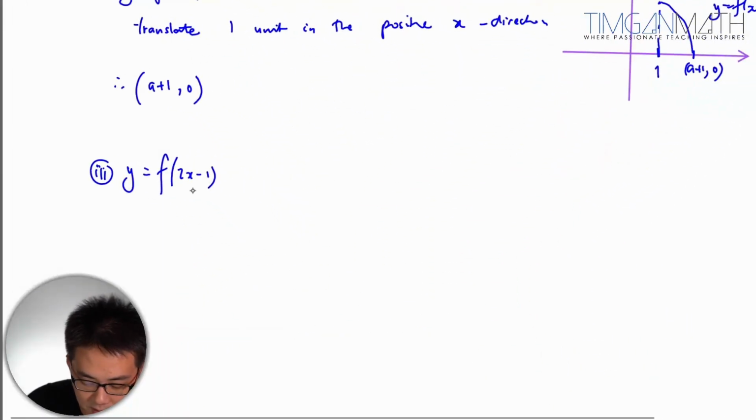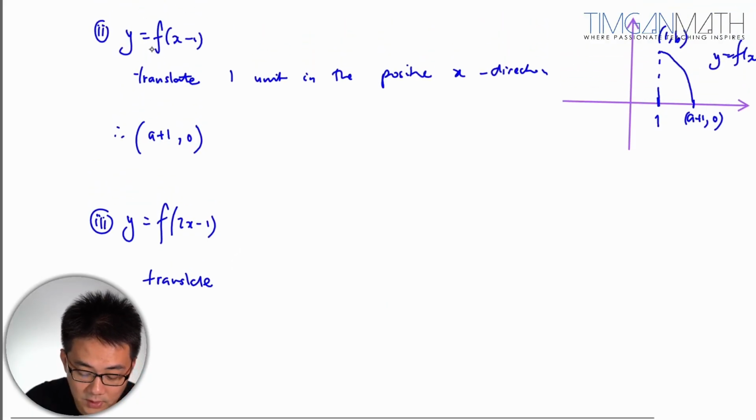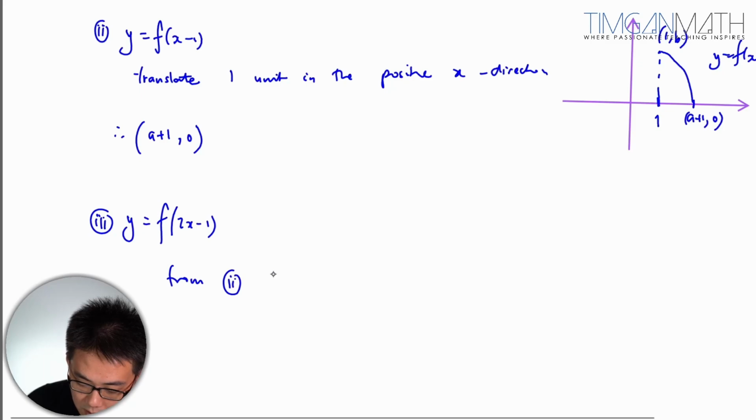So for f(2x minus 1), first you translate 1 unit, because translating is the same thing, then you scale by a factor of half parallel to the x-axis.